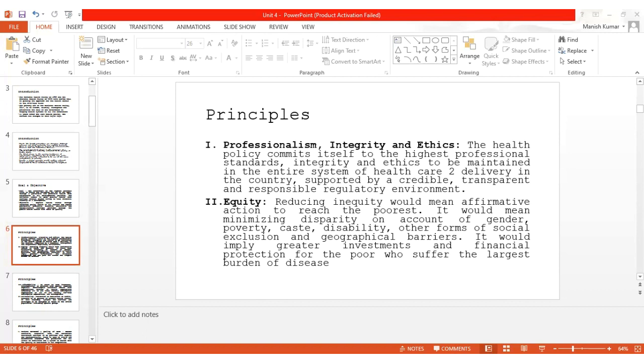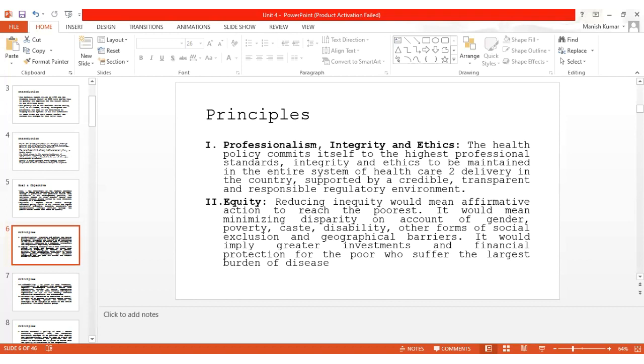And the second principle is equity. This says that this National Health Policy will reduce inequity, which means action should be taken to ensure that services are provided to poor people.